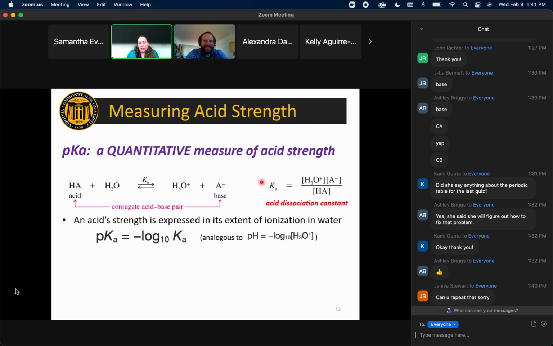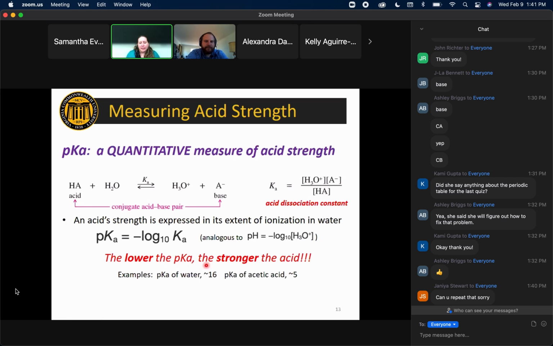So we need to turn that Ka concept into a logarithmic scale, so it's numbers that make sense to us, more in our wheelhouse of like -15 to 60. That sounds much easier to deal with. In order to do that, we do the same thing that we would do to get a pH. We take our Ka, our equilibrium constant, and we do the negative log base 10 of it to get the pKa.